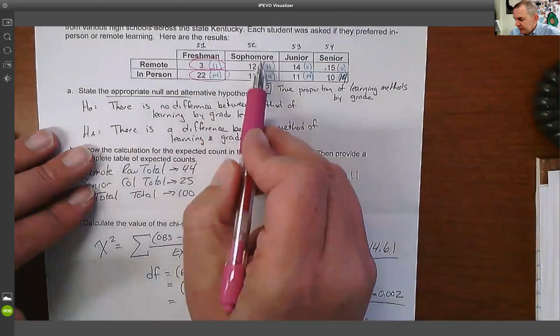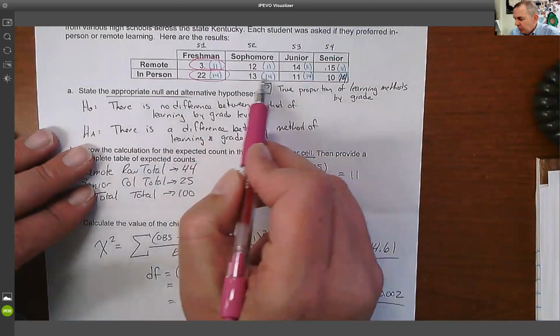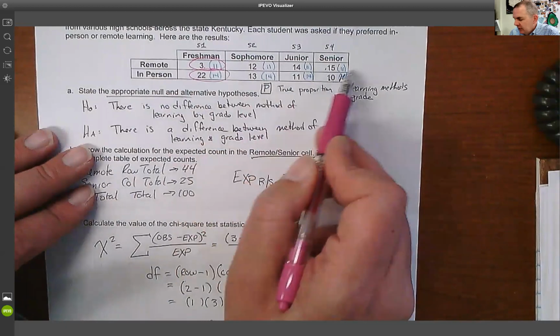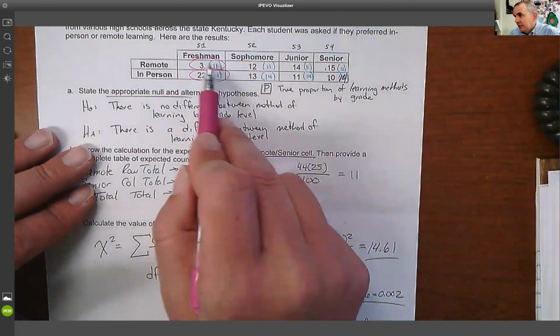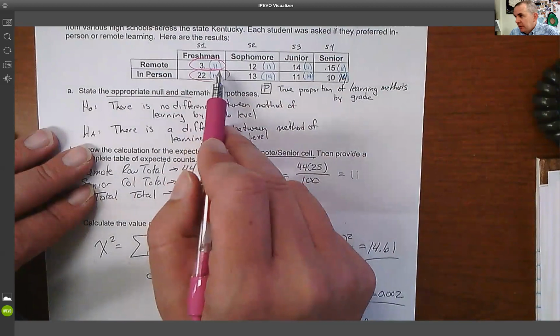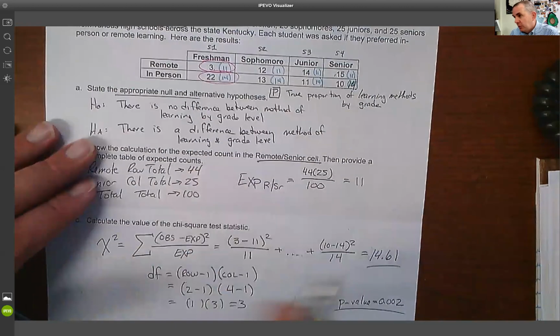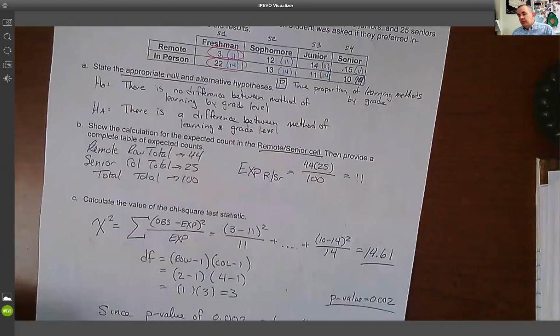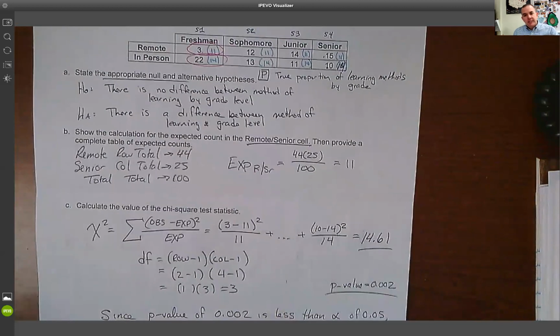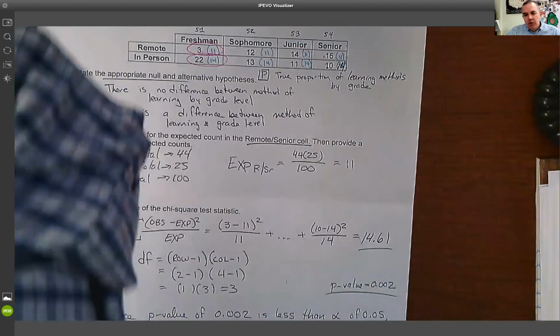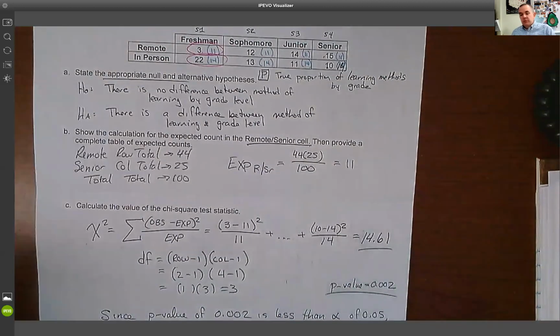The reason, again, is that those are only 1 away from the expected, 1 away from the expected, 3 and 3, 4 and 4. These are 8 away. So really, this is the component that played the largest role. So if the question came up, who played the largest role? It looks like freshmen played the largest role in making that decision. Freshmen pretty much came back in person, so that over-influenced the results of this.